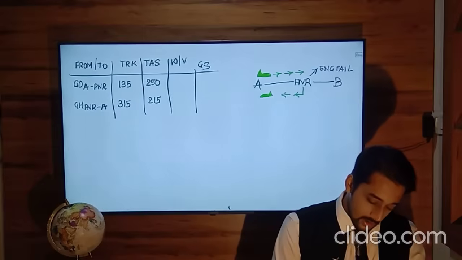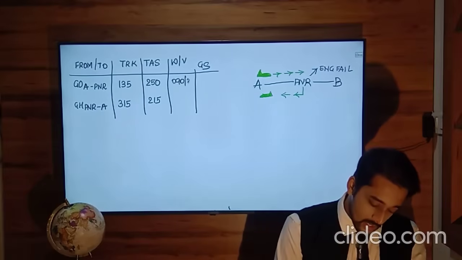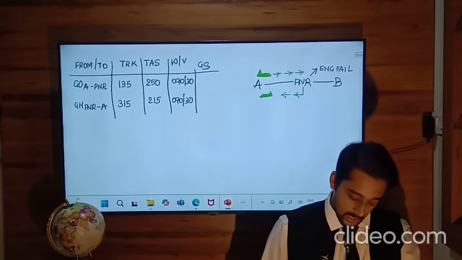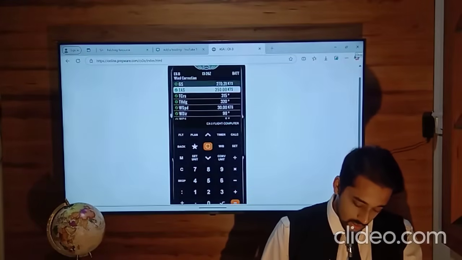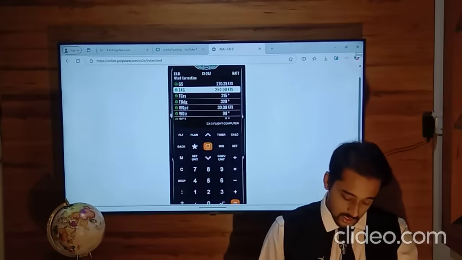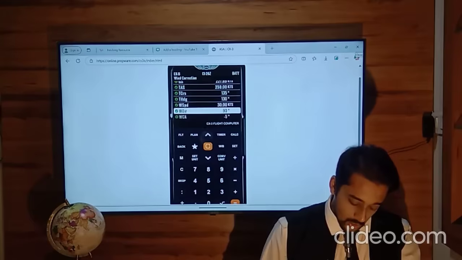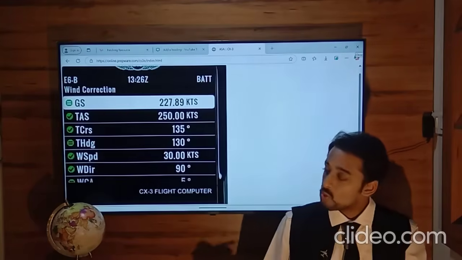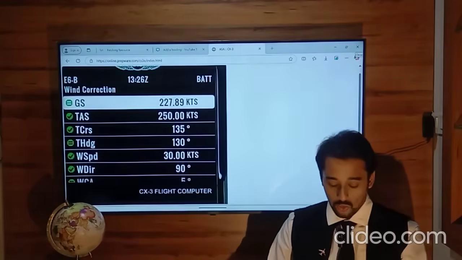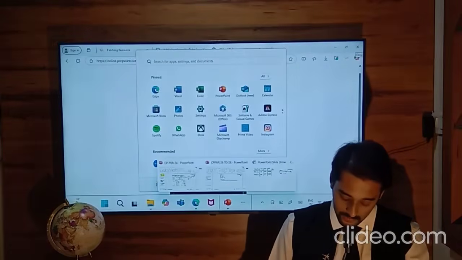Next, put wind velocity 090 at 30. So CX3 will be equal to 250 knots outbound speed, course 135, wind 30 at 90. So your ground speed will be 228 knots.